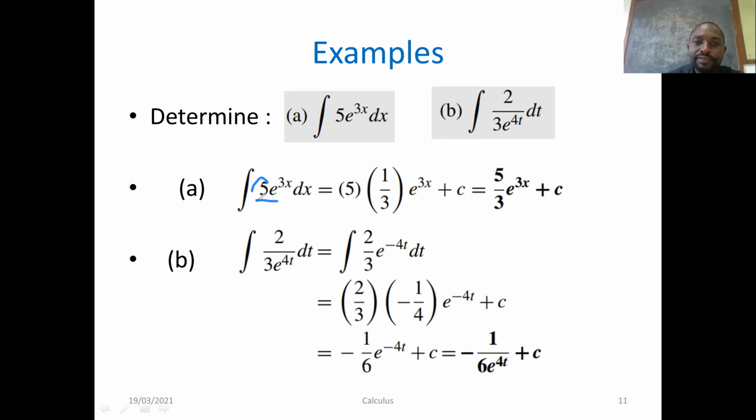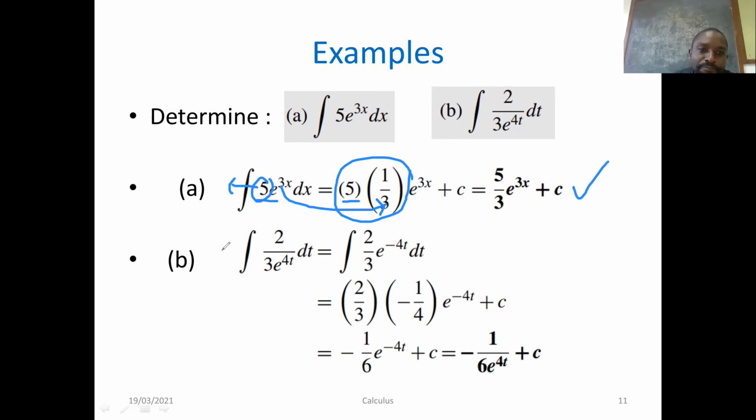This 5 here becomes the coefficient, can be taken outside the integral as number 1, which is what we have here. Then the integral of e to the power 3x is e to the power 3x divided by the 3. So this 3 divides here. And then simplifying this, basically you're going to get 5 over 3 e to the power 3x plus c as your final answer.